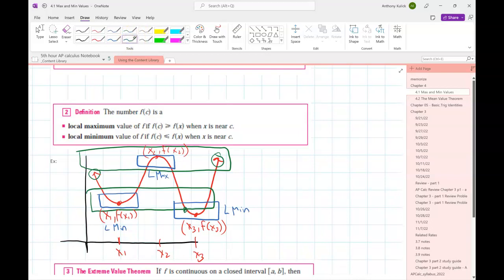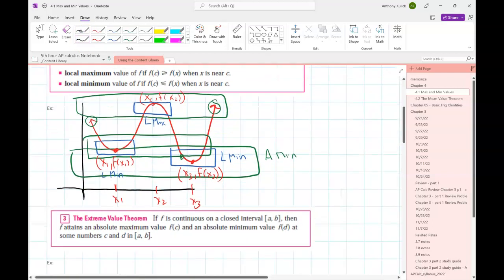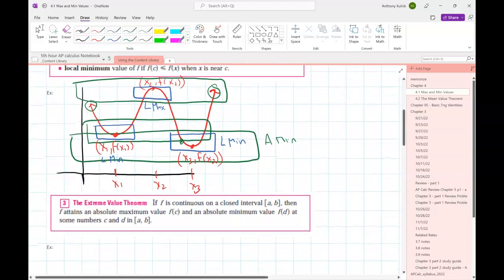But if I extend this out, it's also an absolute minimum, because if I look at the entire graph, that is the lowest point on the entire graph. These terms should be a review. They're something we talk about in Algebra 2 and Trig and Pre-Calc, and maybe even a place or two before that.